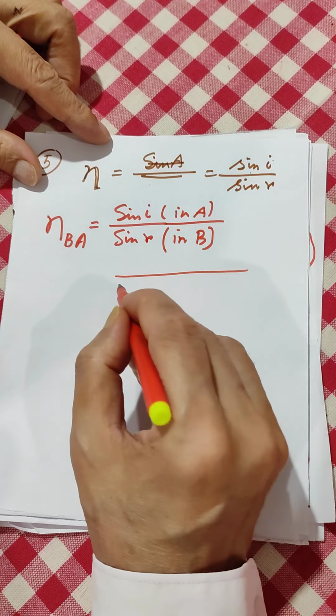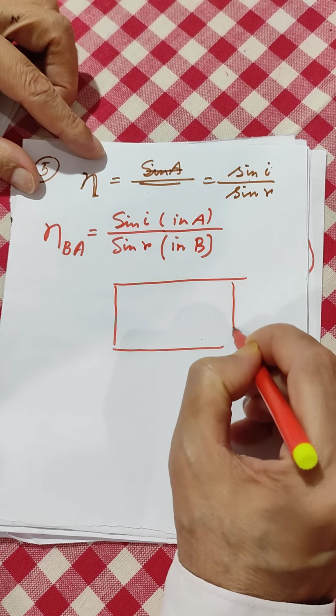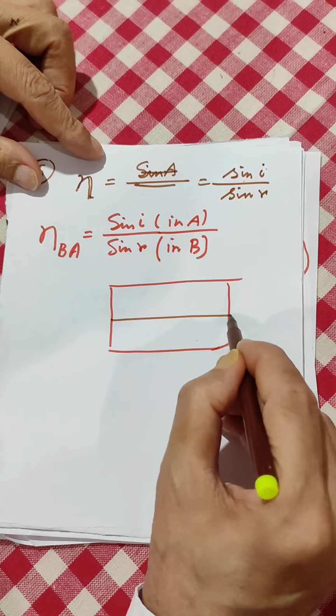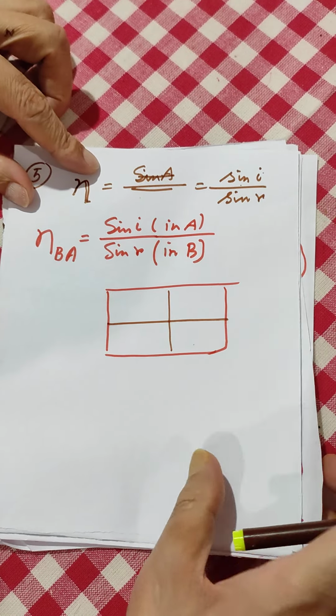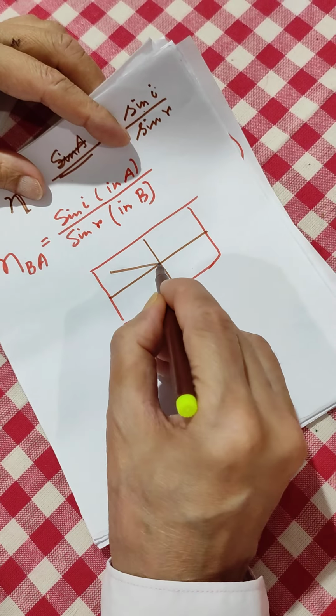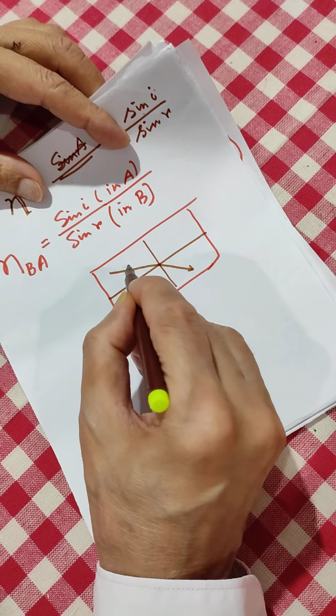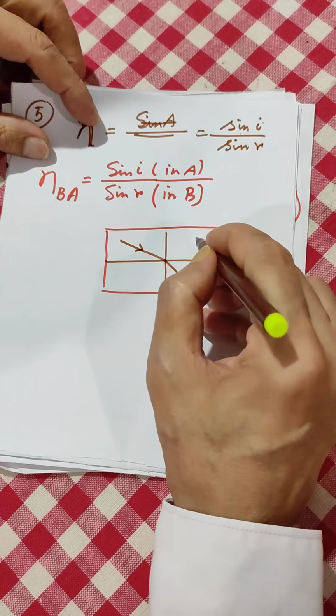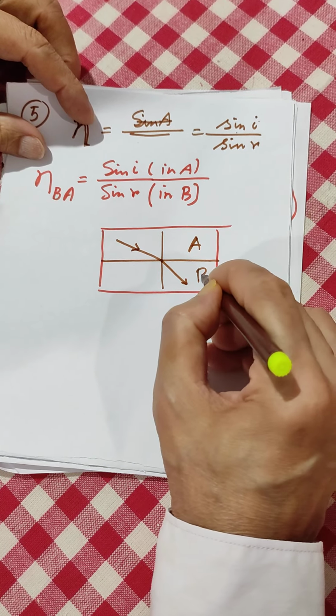So when light enters from medium A to medium B, consider this diagram. This is the normal. Suppose this is the incident ray, this is the refracted ray. This is medium A, this is medium B.